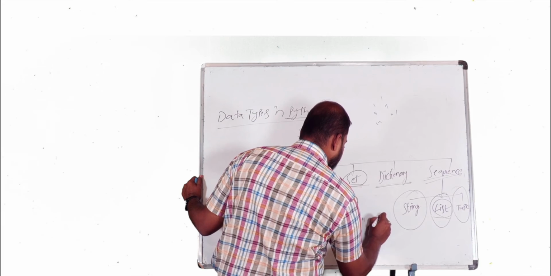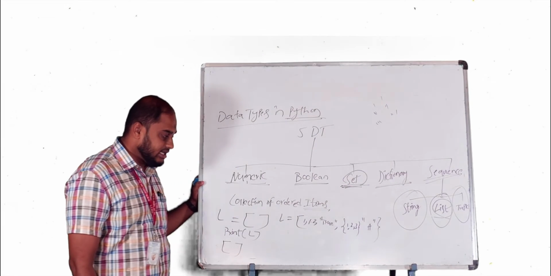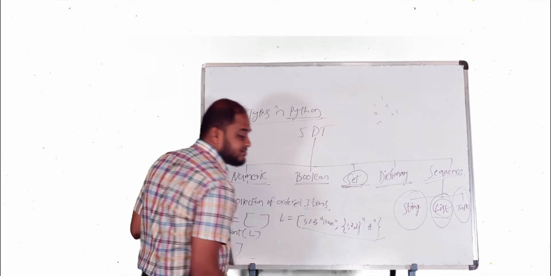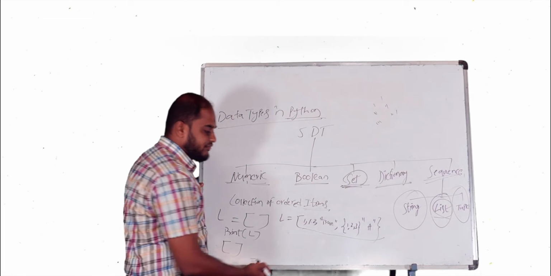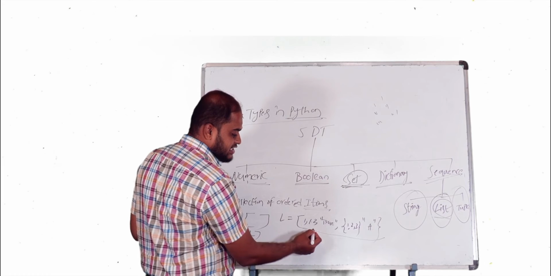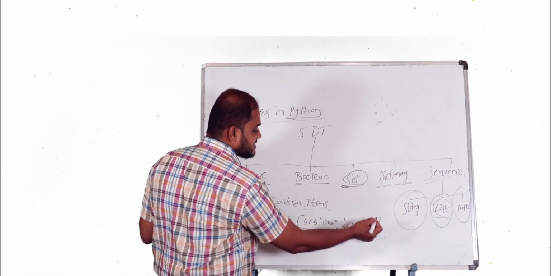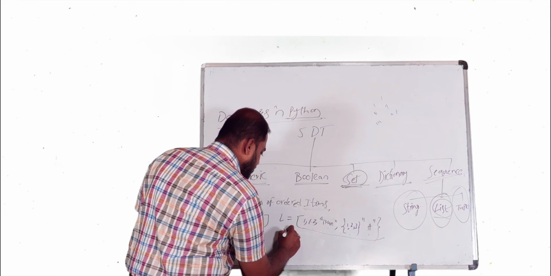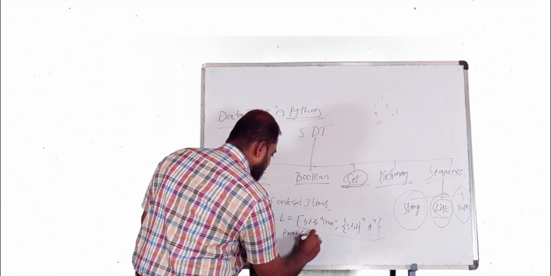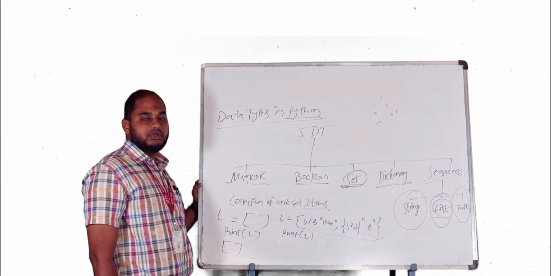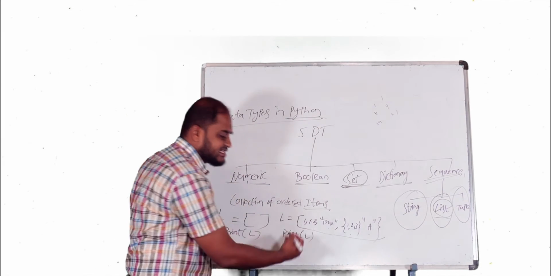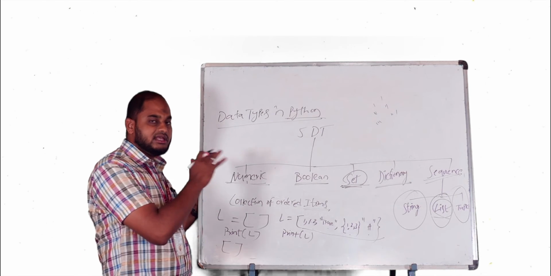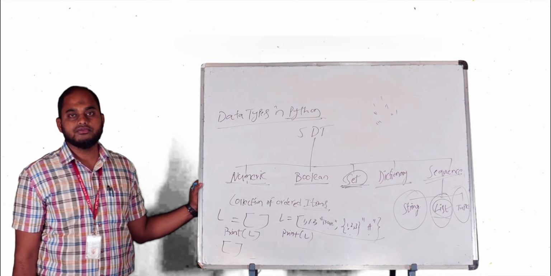Now you can see we have created a list which has a collection of ordered items, and these items are of different data types: integer, float, boolean, set, and string. When you print this list, you will get the output in the same form as you defined it. But the set will not come in the same way, as a set is an unordered collection of items.